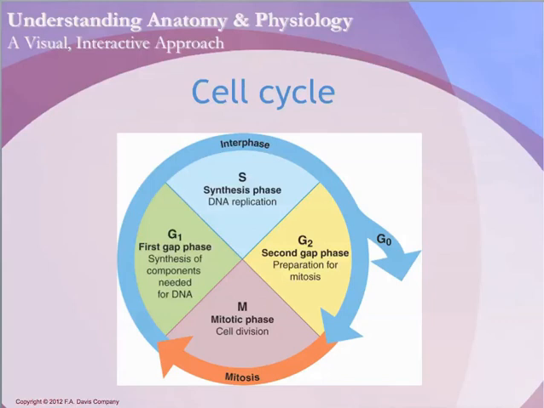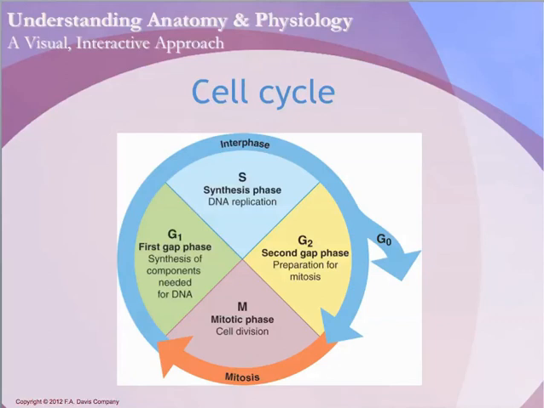The first gap phase: the cell performs the tasks for which it was created while accumulating materials needed to replicate its DNA. So we are just kind of working on growing and getting the things that the cell needs. The synthesis phase: the cell makes, or synthesizes, an extra set of DNA. We need to have 2 sets of DNA, so when the cell division happens, each cell has 1 set of DNA.